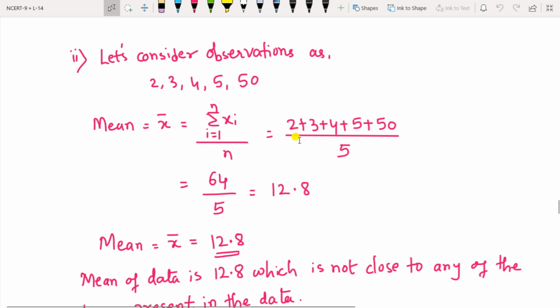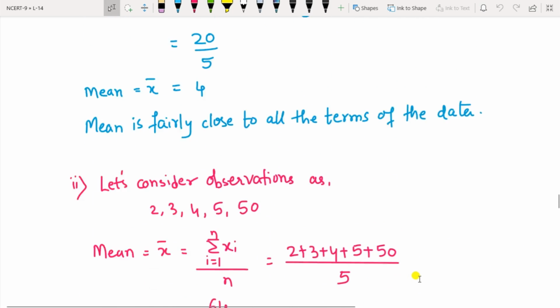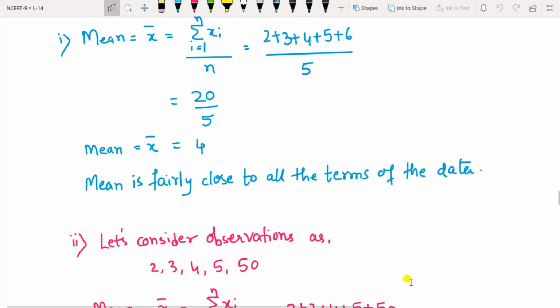So find the mean and see, you get the mean as 12.8. So 12.8 is not close to any of these numbers. So we can say clearly that the mean of the data, 12.8, is not close to any of the numbers present in the data, and therefore it is not an appropriate measure of central tendency.